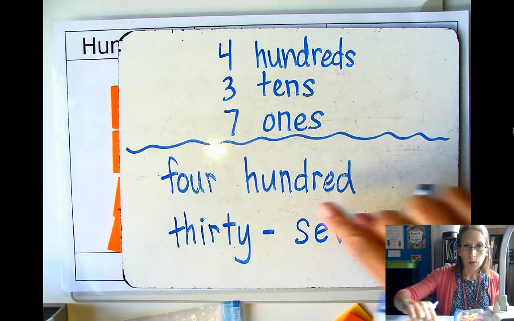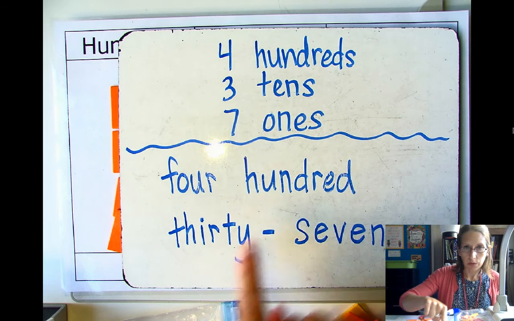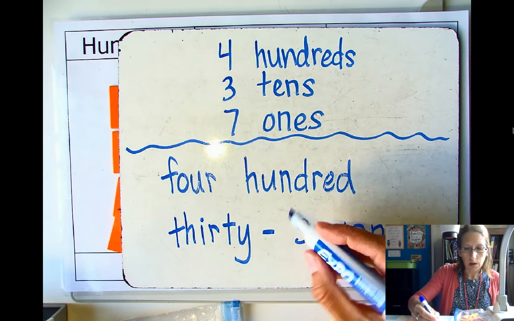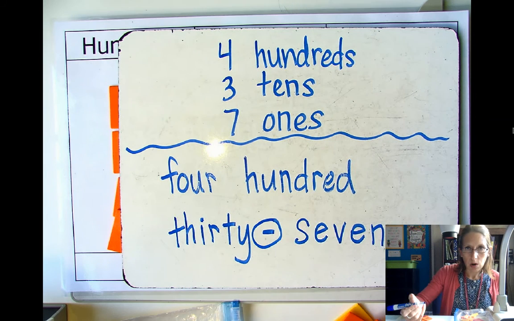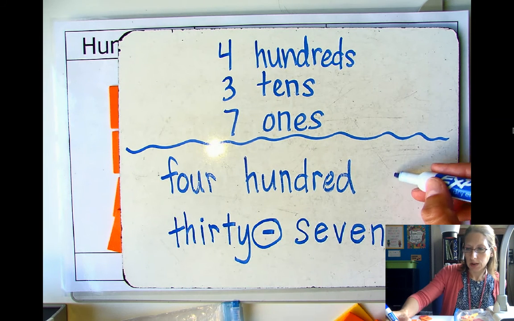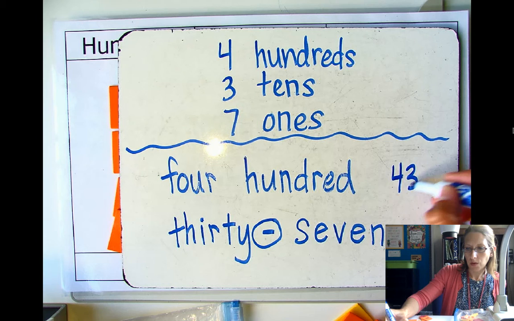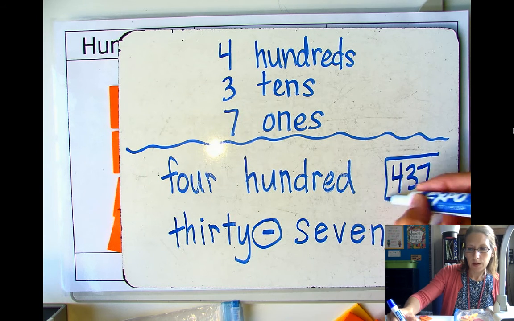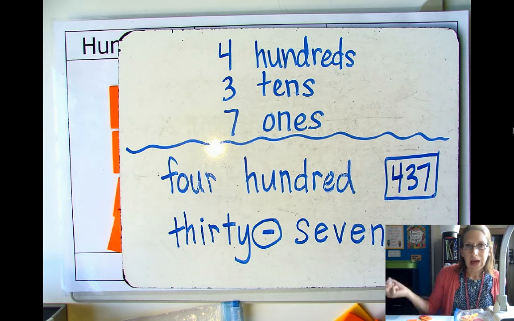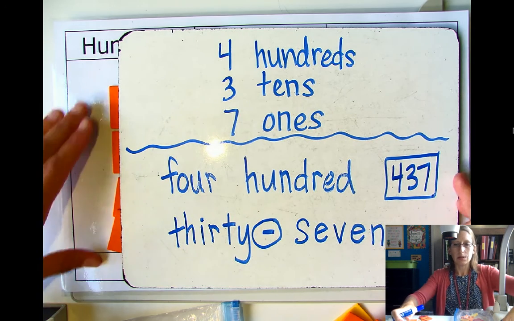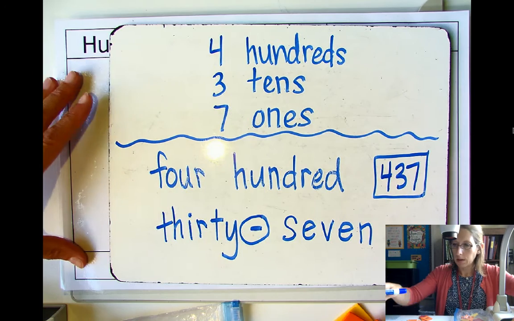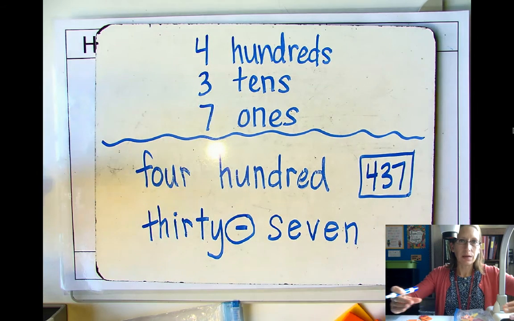We can write it in words, 437, making sure we have that little hyphen. Or we can write it in digits, 437. Alrighty. And sometimes you might even see this number written in what is called expanded form.